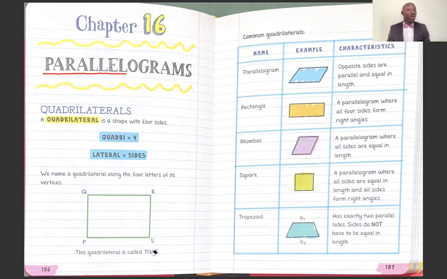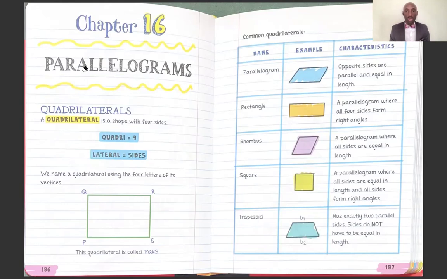It's not necessarily wrong to name it from any vertex, but generally speaking, it's in alphabetical order, PQRS. Let's move on now to the common quadrilaterals. Remember, the umbrella term is quadrilaterals, the high level general term. A parallelogram is a type of quadrilateral.